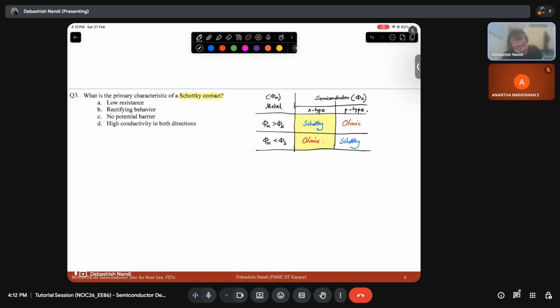By the way, what is ohmic? What is Ohm's law? Voltage is proportional to current, provided temperature is constant. This is ohmic.